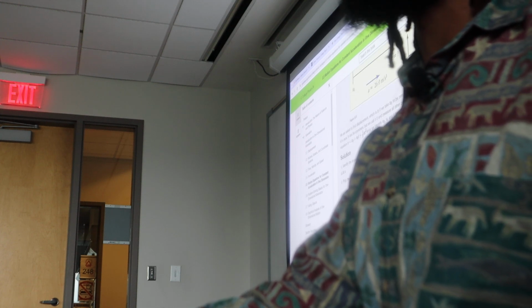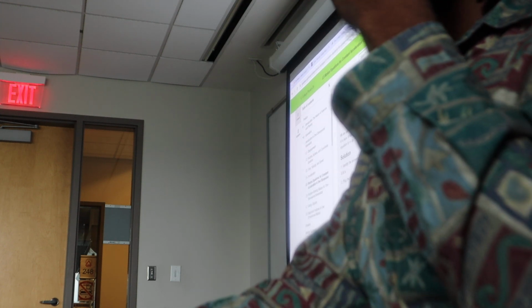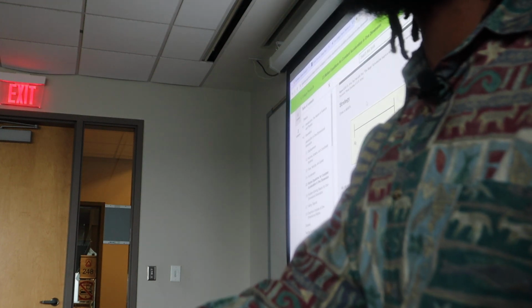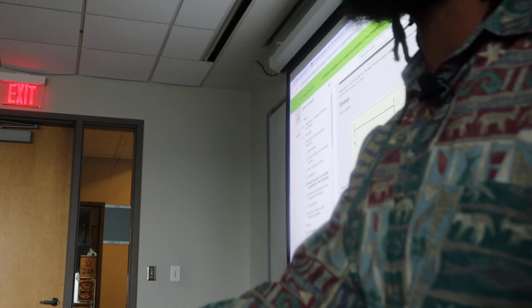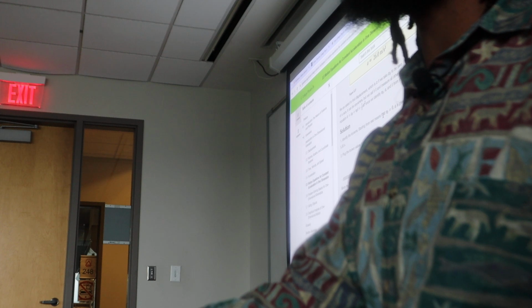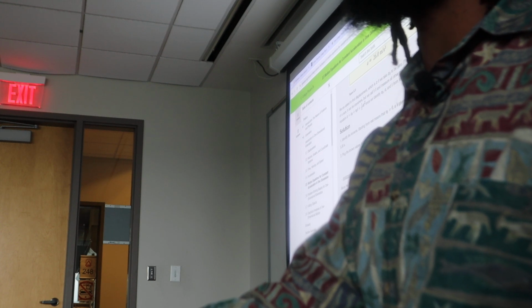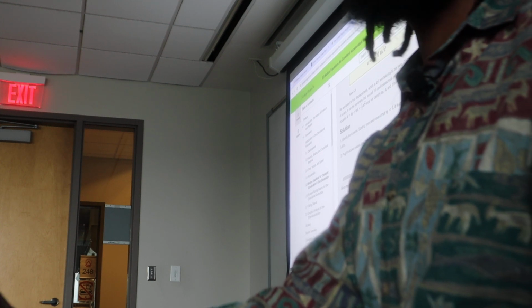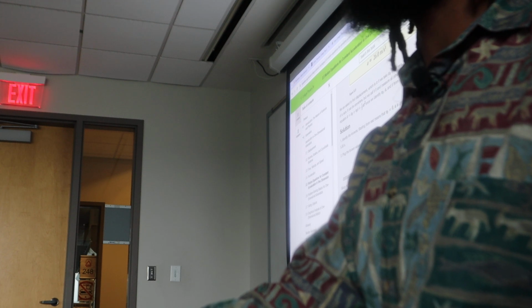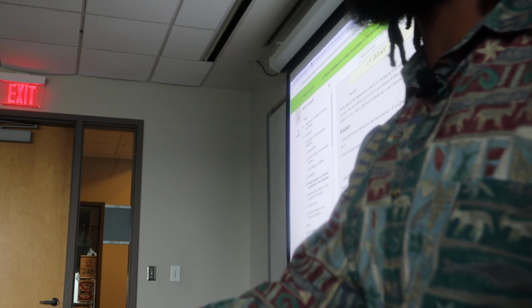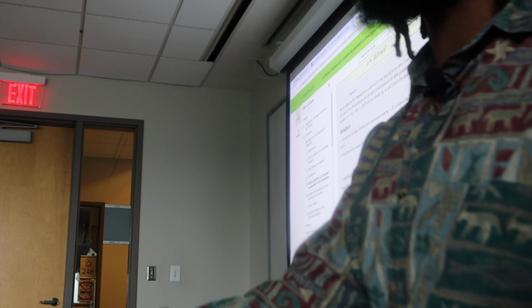Plug the known values into the equation to solve for the unknown. So once again, it's the same strategy: draw a sketch, free body diagram, knowns and unknowns, plug that into an equation. Solve for what we need to solve for, which is x, position, how far.